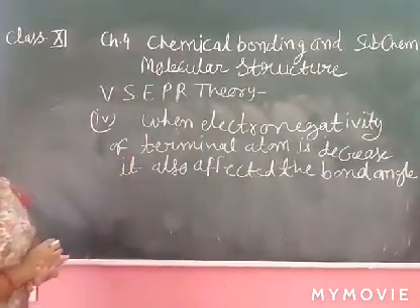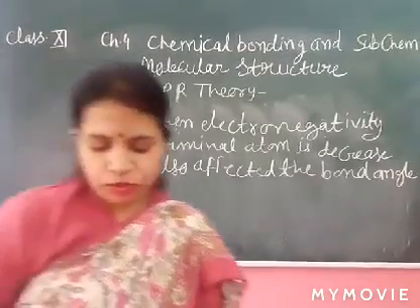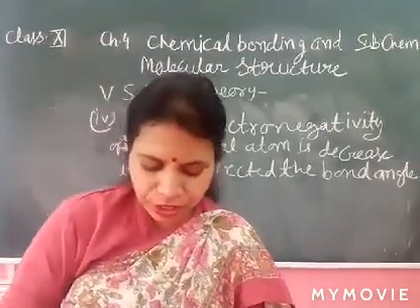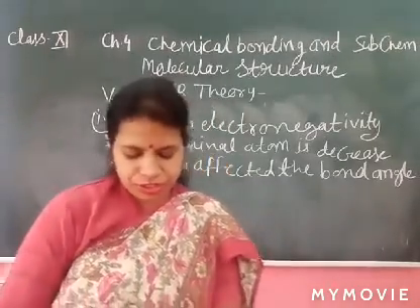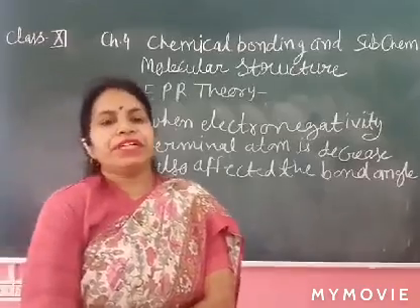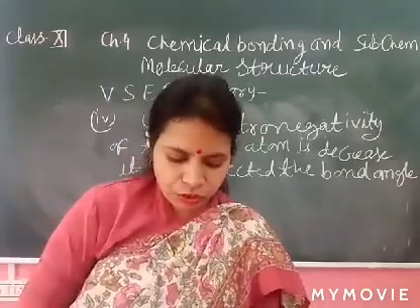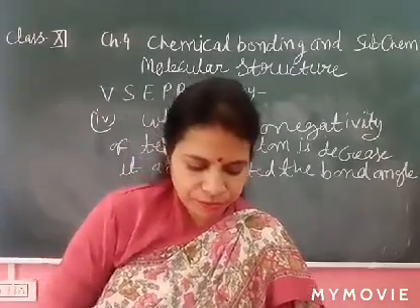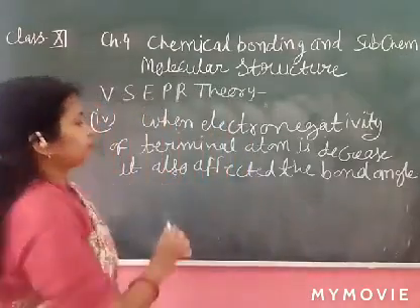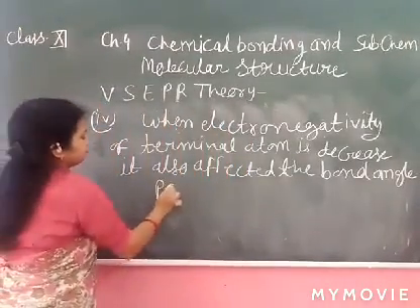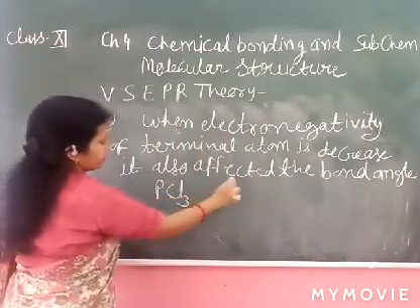Now take an example of phosphorus trihalides: PCl3, PBr3 and PI3, with chlorine, bromine, iodine.